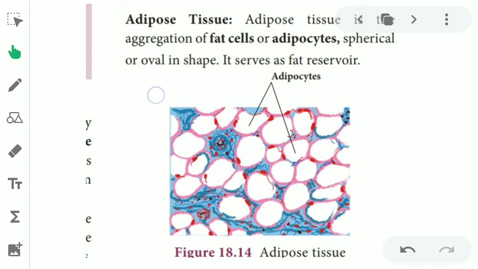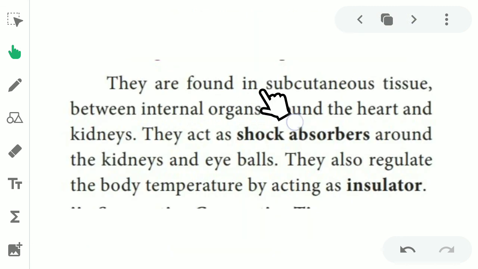Adipose cells are spherical or oval in shape. In these areas, extra fat is aggregated and stored, so it serves as a fat reservoir. They are found subcutaneously, and also in internal organs, around the heart and kidney.